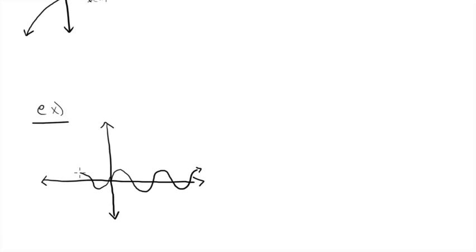In this case, as x goes to infinity, what's happening to f of x? As x gets very big, we're just keeping it oscillating. It's not going up and up. It's not going to a specific number. It just keeps bouncing back and forth. This looks like a sine function, and a normal sine function would just be between 1 and minus 1. So f of x isn't really going to anything in particular.